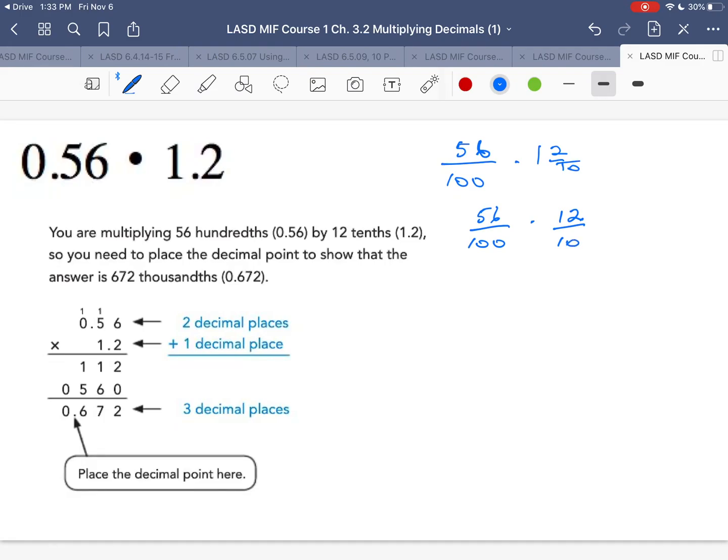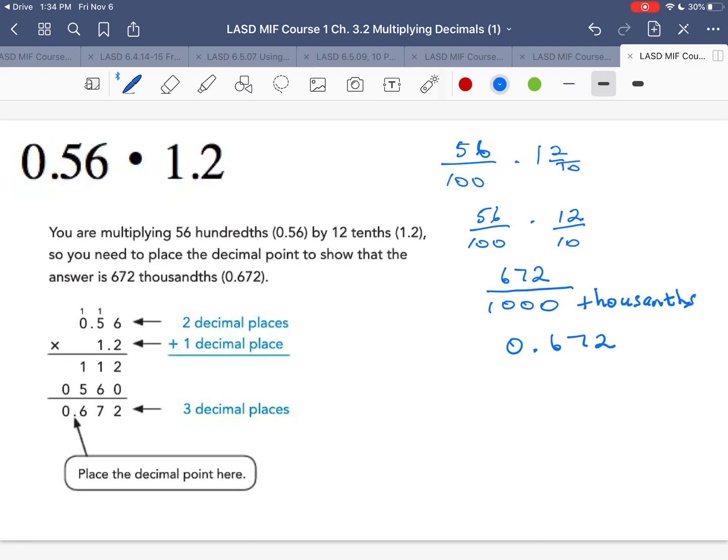When we multiply the numerators together, 56 times 12, we get 672, and 100 times 10, we get 1000. So we get 672 thousandths. I'm going to write that, thousandths. And so our answer should be 0.672.